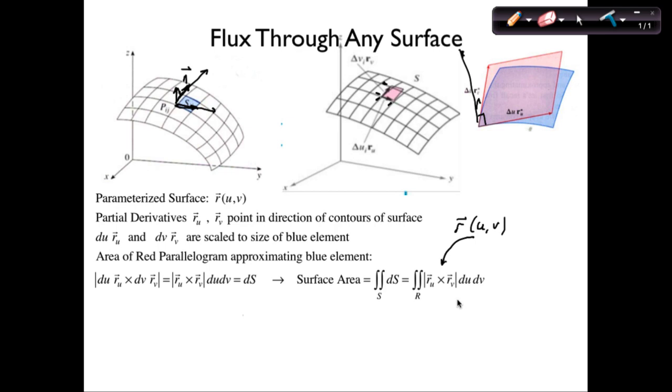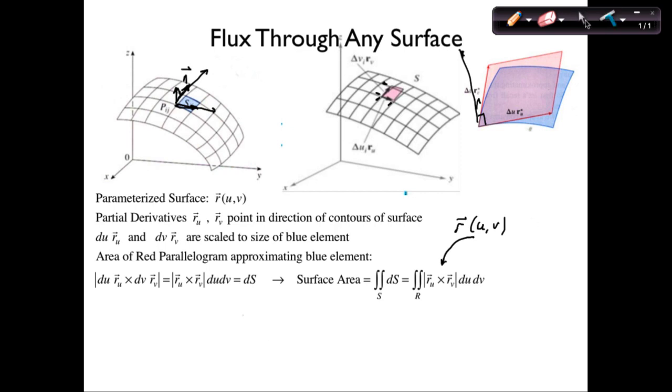You can integrate all those over R. So this is just formula following. Okay, so we know where it comes from. We just derived it. But in terms of doing the problems, you know how to parameterize the surface, and then you just follow this: first partial with respect to u, first partial with respect to v. Those are vector functions, cross product, magnitude.